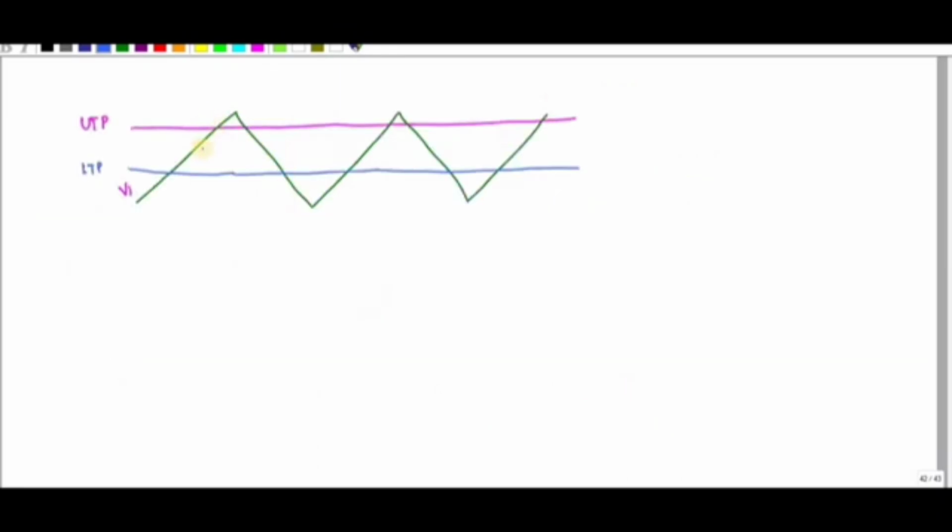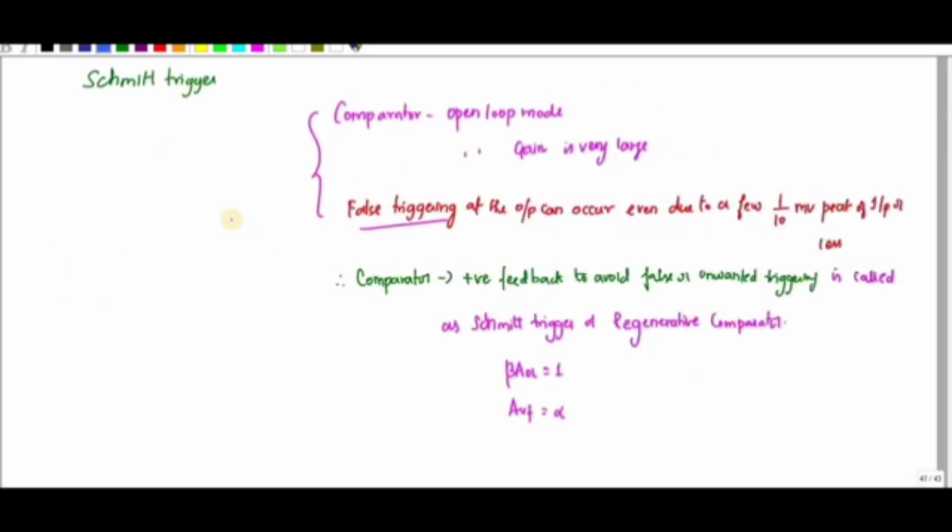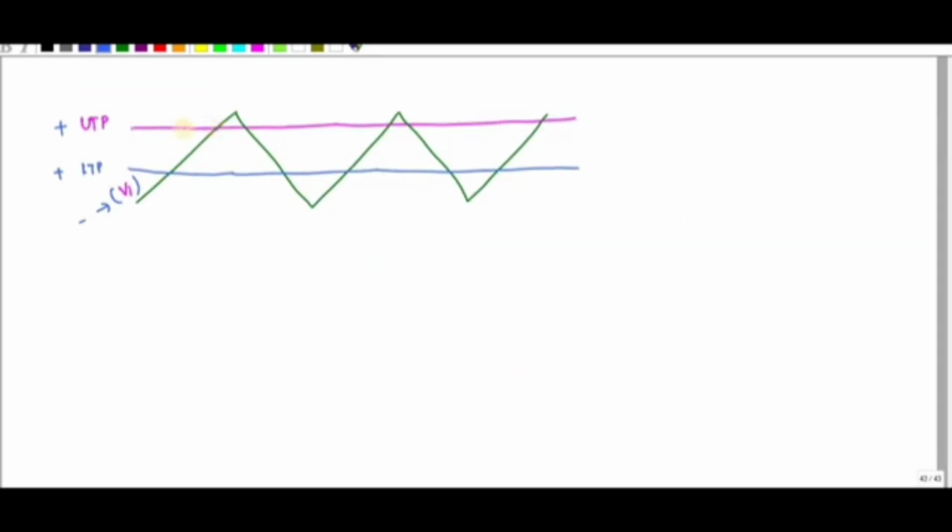You can see this is your Vi. Here the UTP represents the plus value. After this point you can see I have given the minus value to Vi, and the plus is this pink colored line.